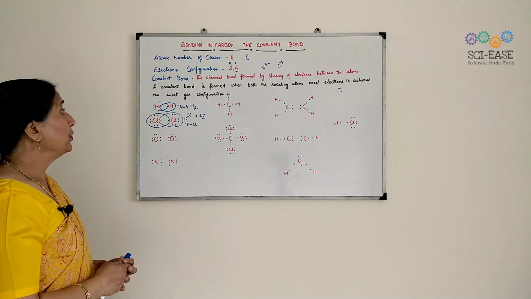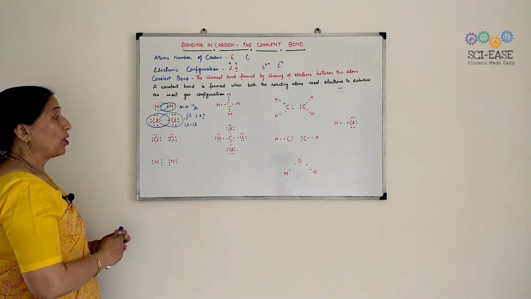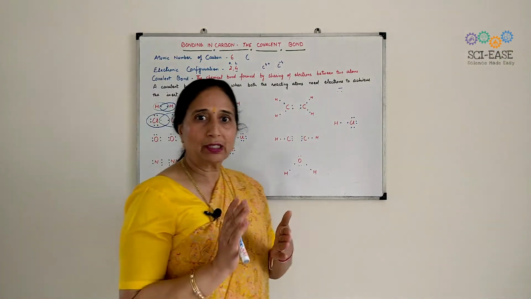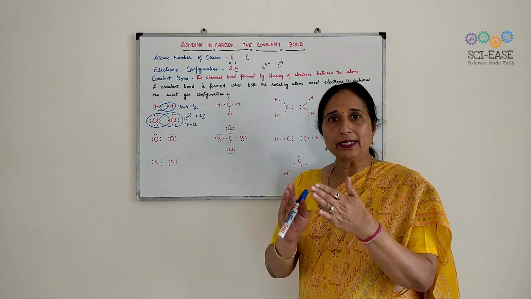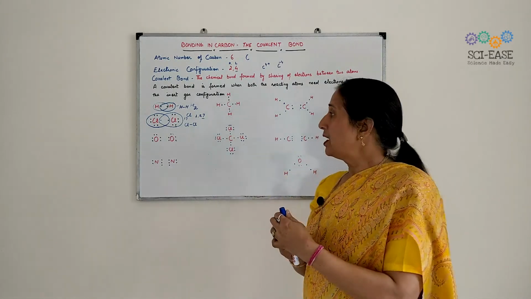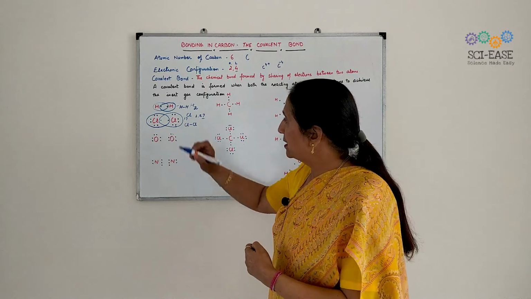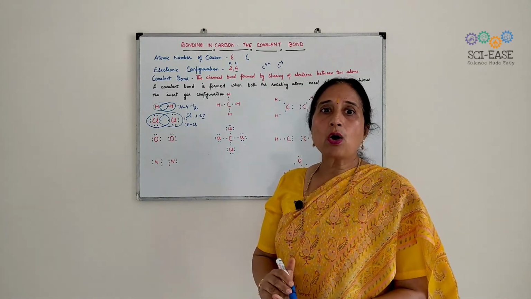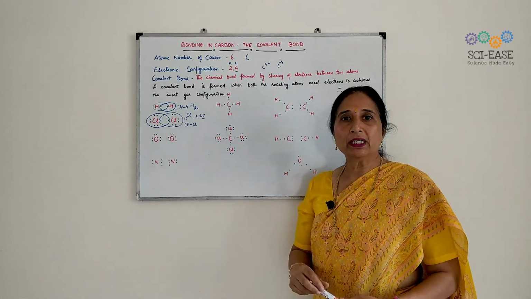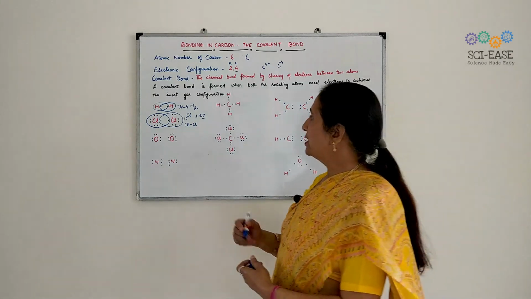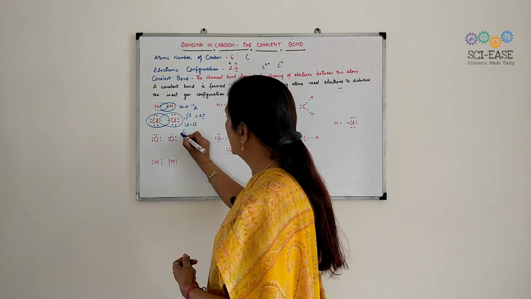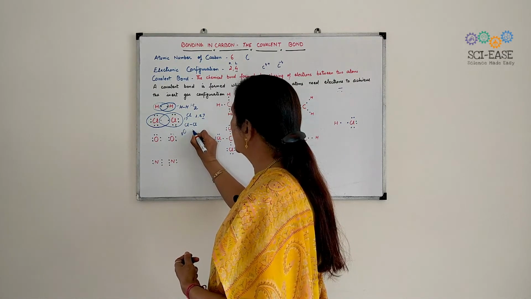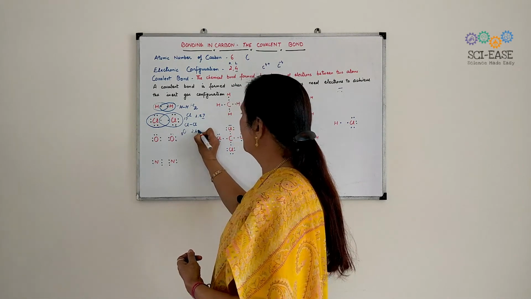Now you can take the case of oxygen. I have told you that covalent bonds are single covalent bond, double and triple. Now I will take the case of oxygen. Oxygen has atomic number 8, so O8, and electronic configuration is 2, 6.